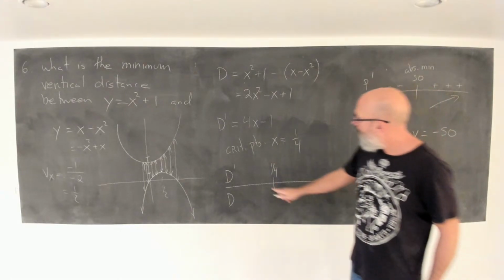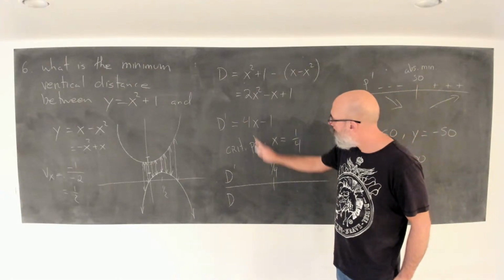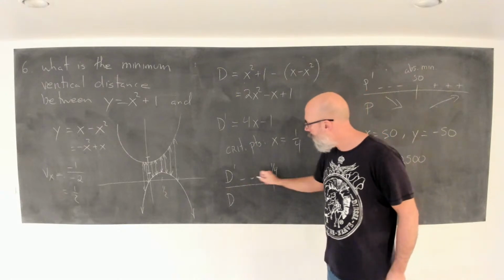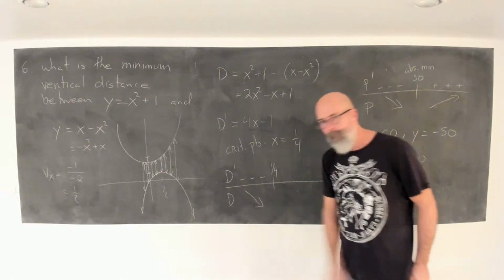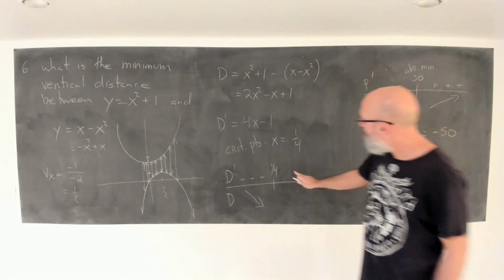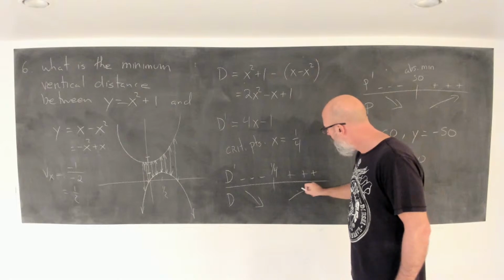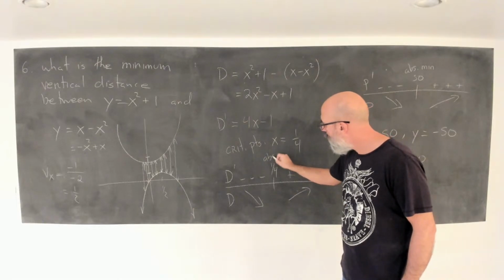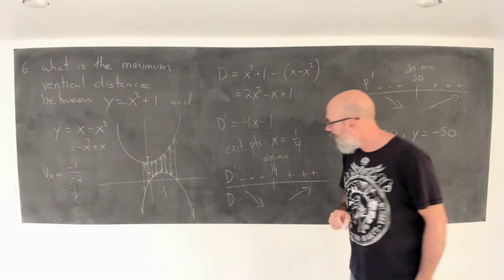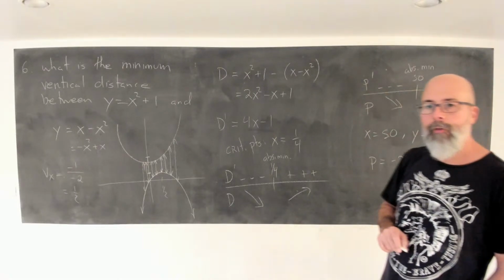So if you take a number less than 1/4, maybe 0, the whole thing is negative. And if you take a number bigger than 1/4, maybe 1, the whole thing is positive. So you see that you have an absolute minimum occurring at 1/4.